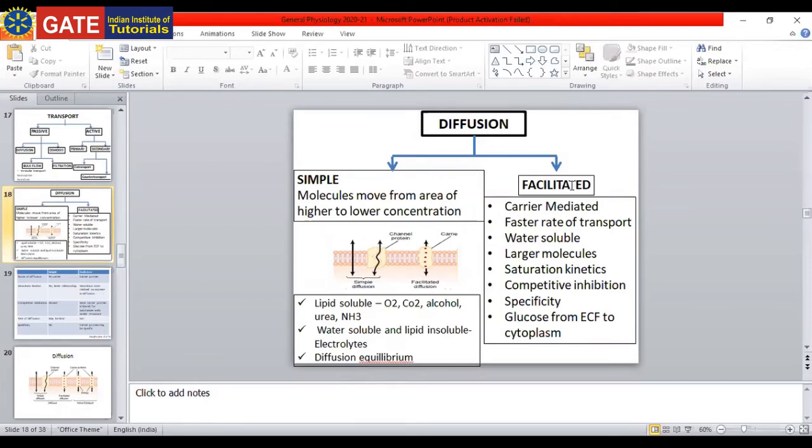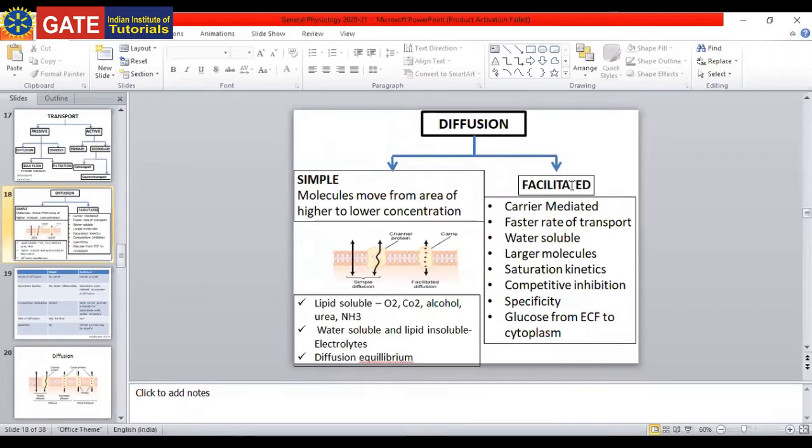But what molecules move from higher concentration to lower concentration? Remember, here I am talking about the solute, or the molecules which will move from higher to lower concentration. Particularly the lipid soluble substances will be easily diffused, like oxygen and carbon dioxide. This happens in the lungs. Diffusion happens in the lungs.